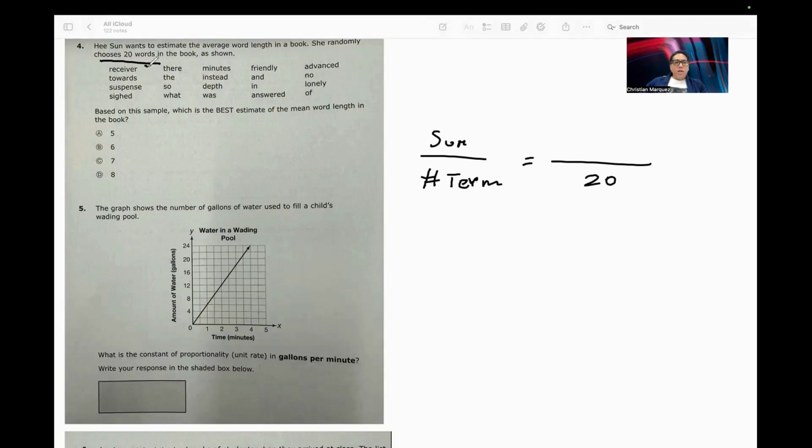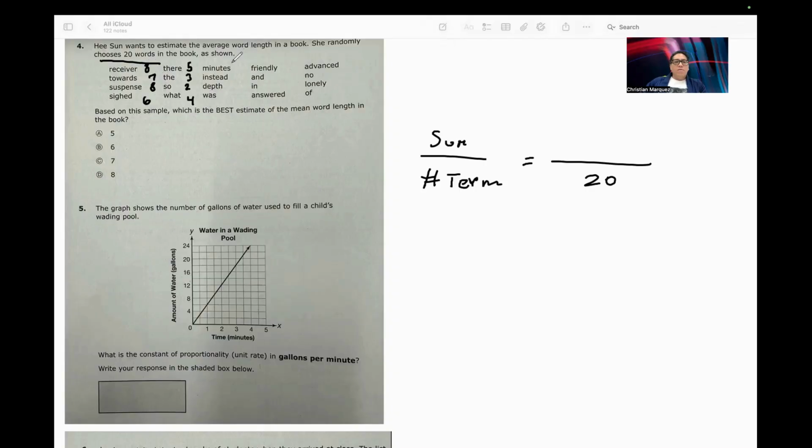Receiver has 8. This one has 7. This one here has 8. This one has 6. This one has, let me count, 5. This one has 3. This one has 2. And this one has 4.